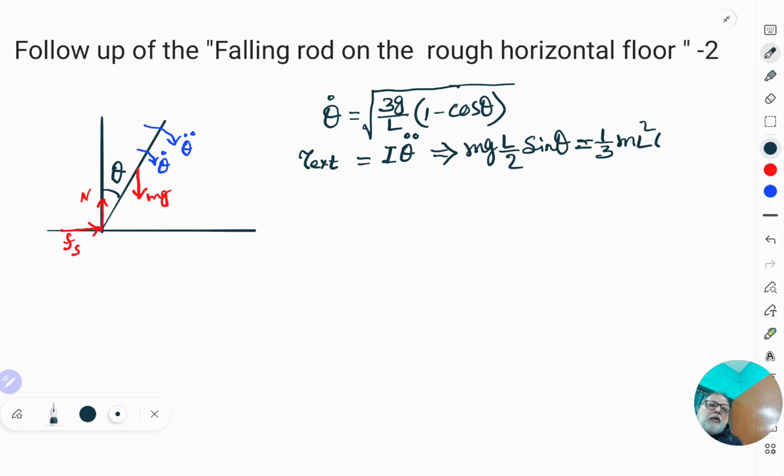Therefore, theta double dot is equal to 3g by 2L sine theta.